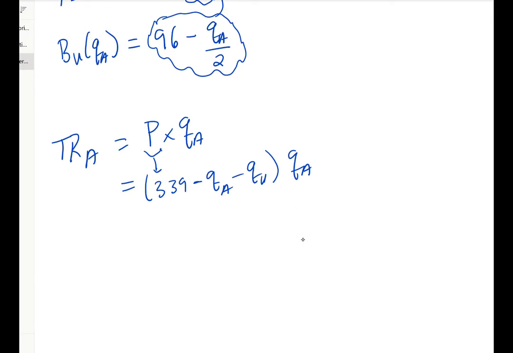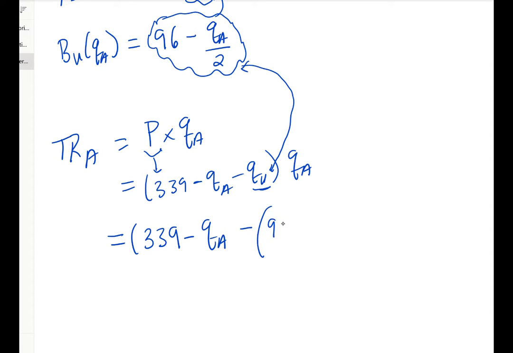Critical step here. We're doing 339 minus QA, but we're replacing this QU with this whole best response function. So we have minus 96 minus QA over 2.